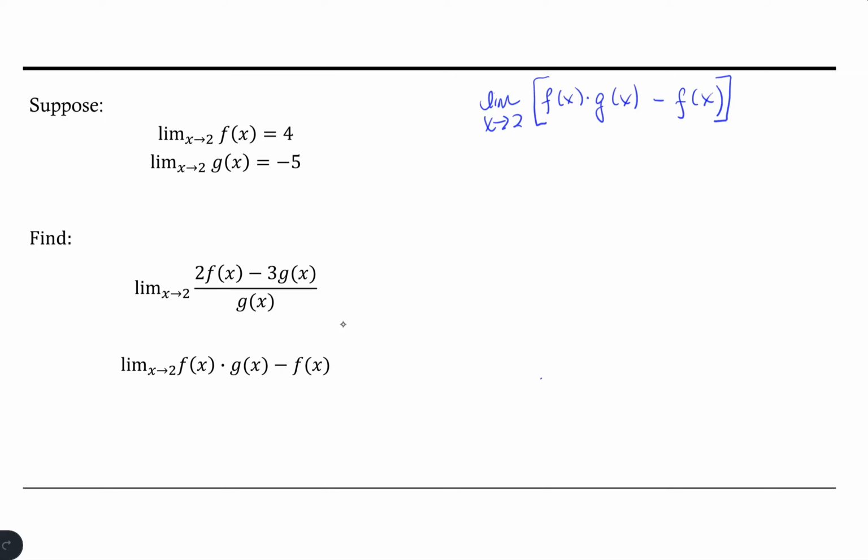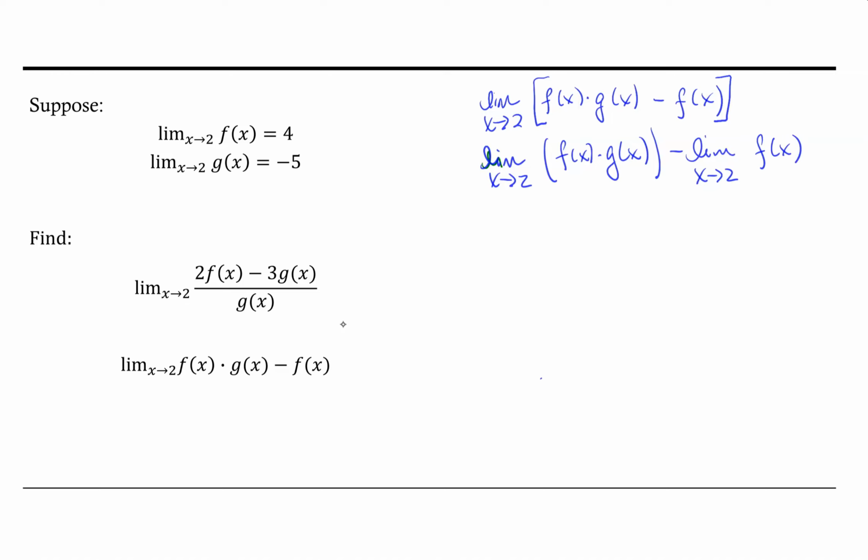Since we have a difference here between the two parts of the function, let's apply the difference law. So we end up with the limit as x approaches 2 of f of x times g of x minus the limit as x approaches 2 of f of x.